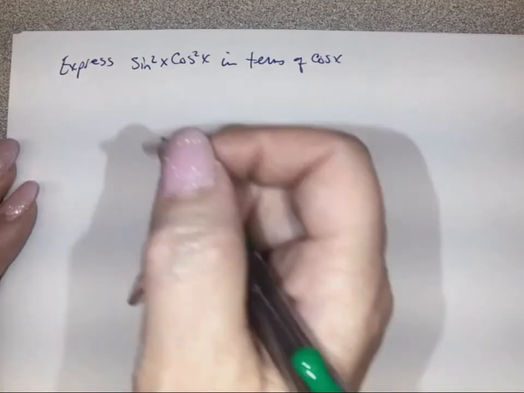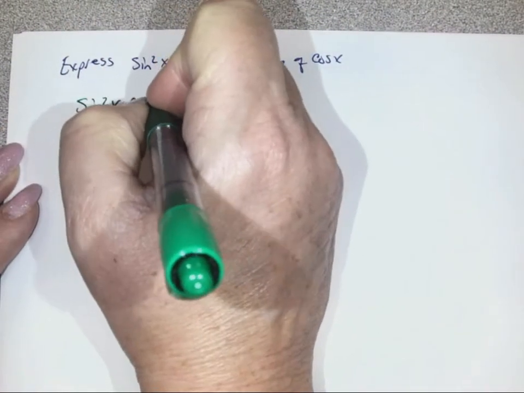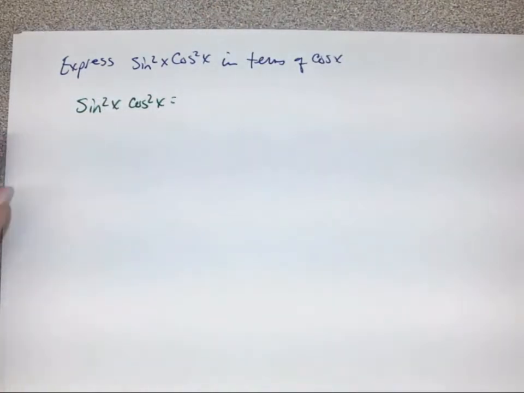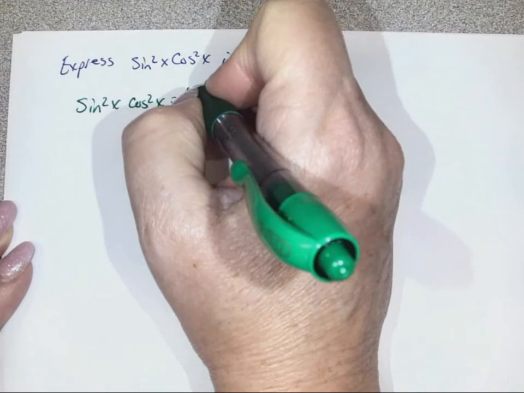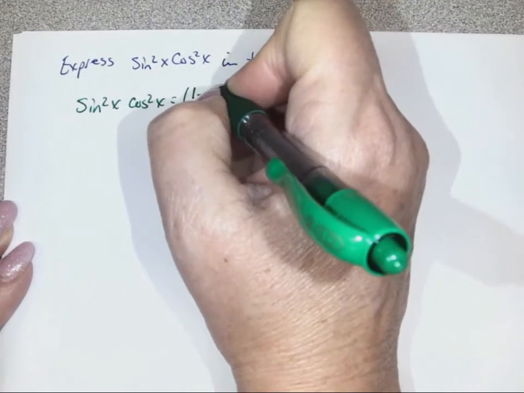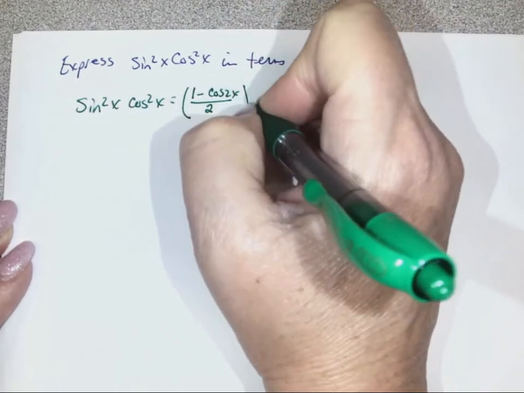All right, so let's go look at our solution. We have sine squared x cosine squared x. Well, the sine squared x, according to the lowering powers formula, will be equal to 1 minus the cosine of 2x all over 2.